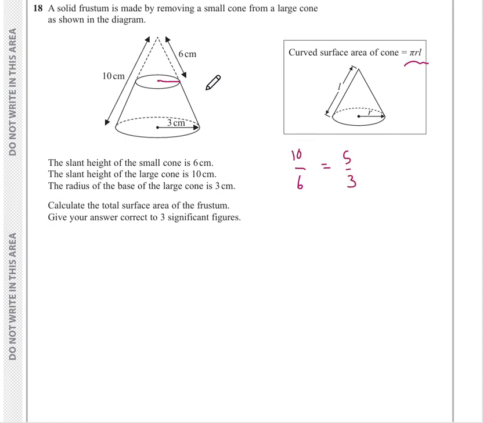That's to go from the small triangle to the big triangle. So if we want to work out the radius of the smaller triangle, the base, then I'm going to divide by 5 over 3, which is going to give me 1.8 centimeters.